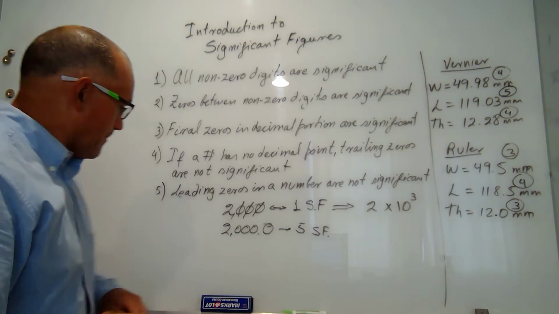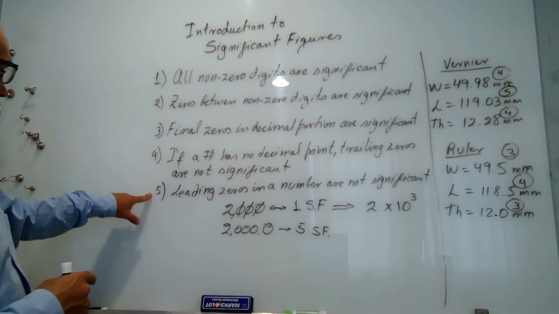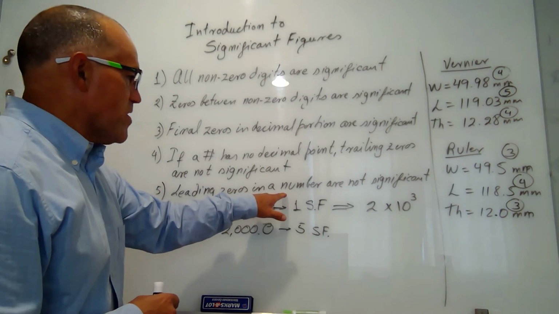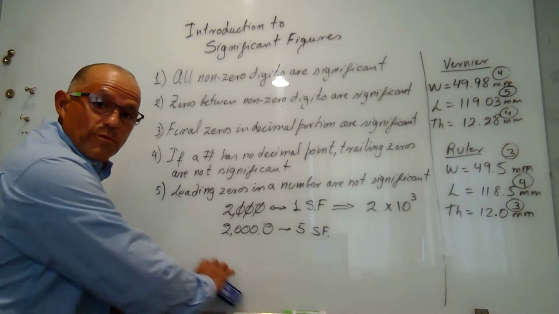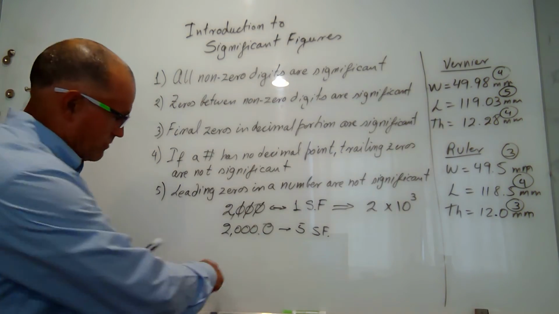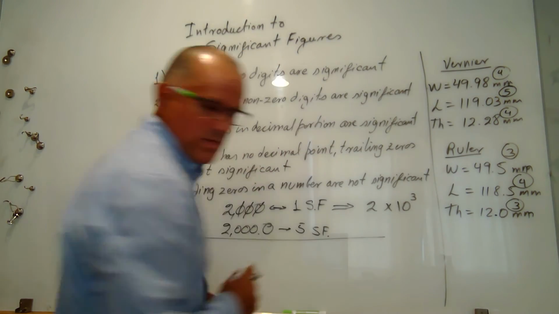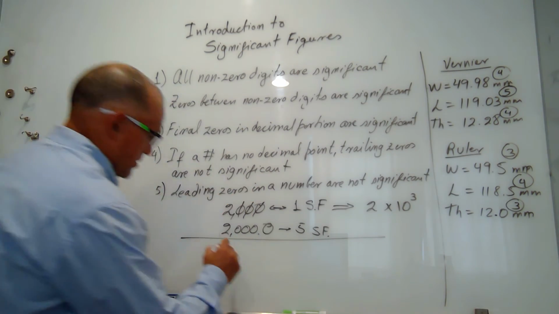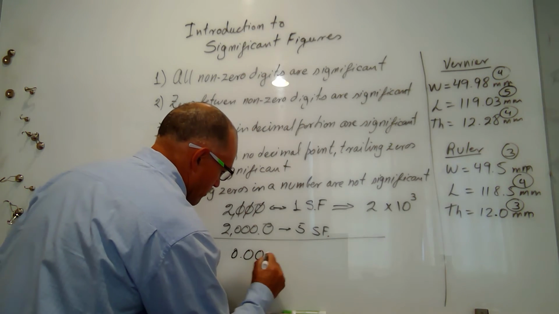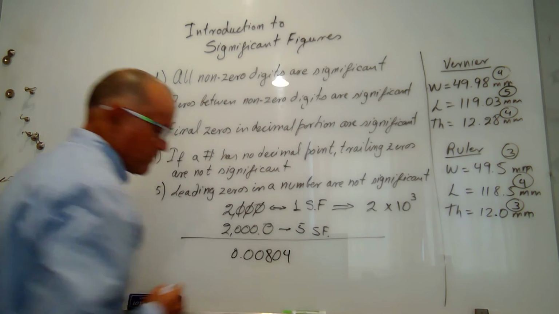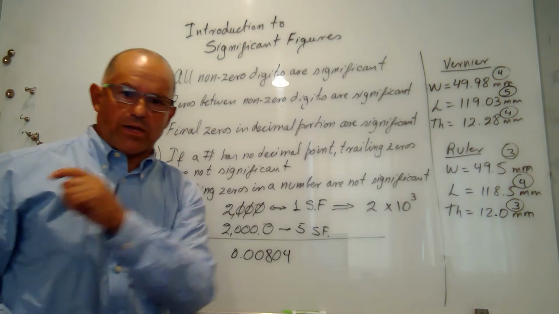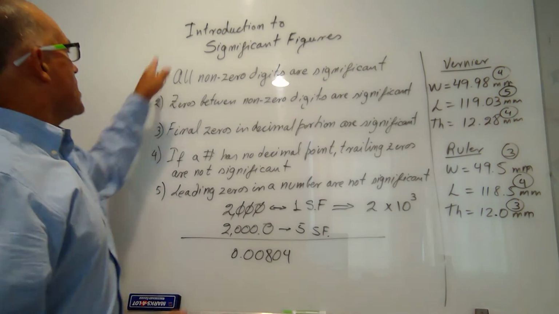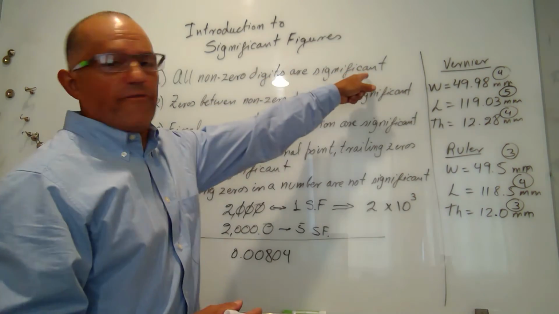Now, the last rule, leading zeros in a number are not significant. I'm going to provide an example for that. Actually, I have room on the bottom, so I'm going to write it here. The number that I chose is 0.00804. So the leading zeros in a number are not significant. Rule number 1, all non-zero digits are significant.